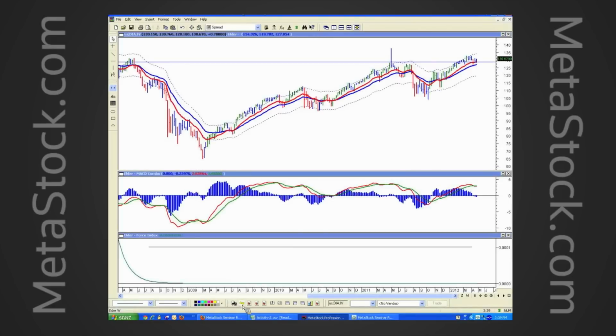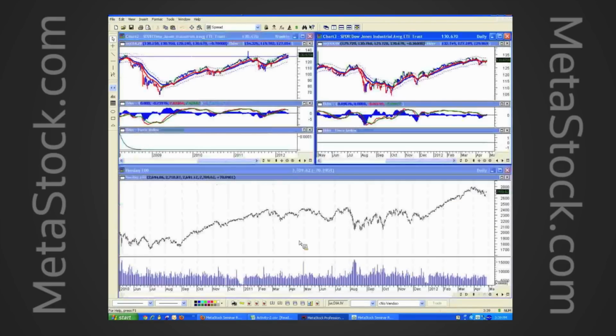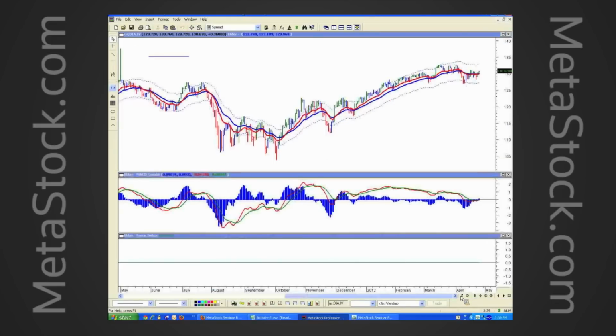I see someone is asking a question. What moving averages are the blue and the red? I usually draw fast moving averages in red, and slow in blue. For a slow moving average, I like something like 22 days, which is the number of trading days in a month. Fast moving average, maybe 13.